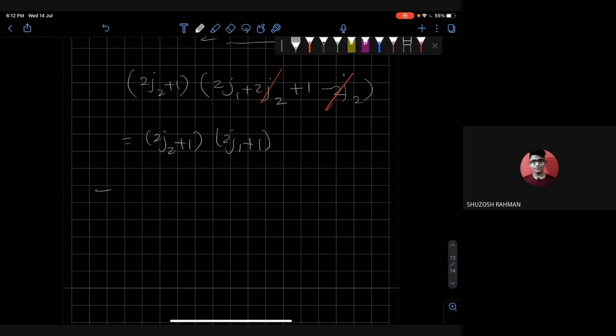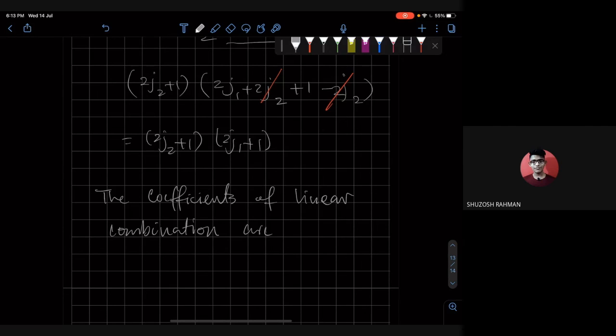Okay, let me say a few words. The coefficients of the linear combination are known as Clebsch-Gordan coefficients.